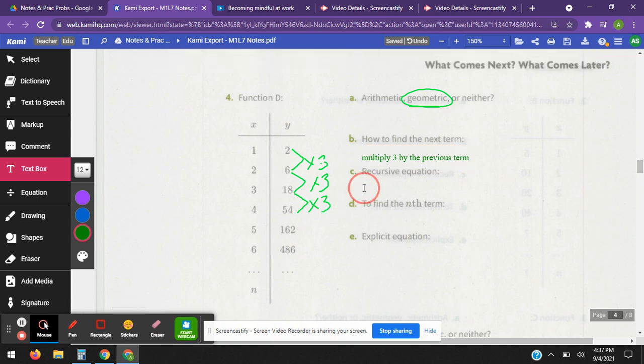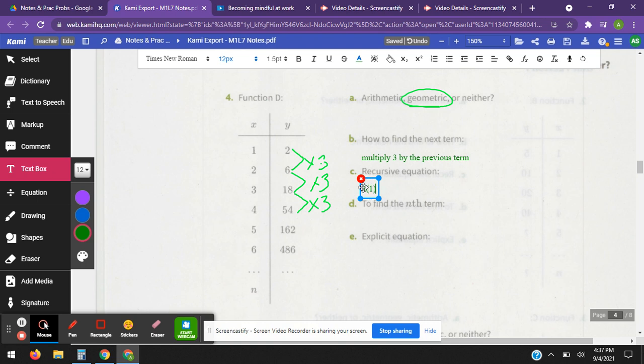So recursive equation. We have a first term, which is 2. And then to find my next one equals f of n minus 1, and then I'm going to times 3. All right, to find the nth term, I'm going to start with 2 and multiply by 3.